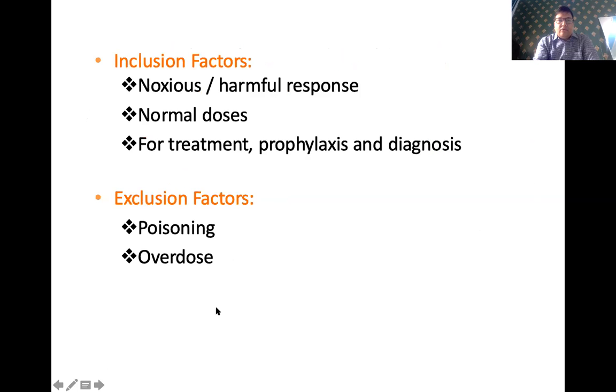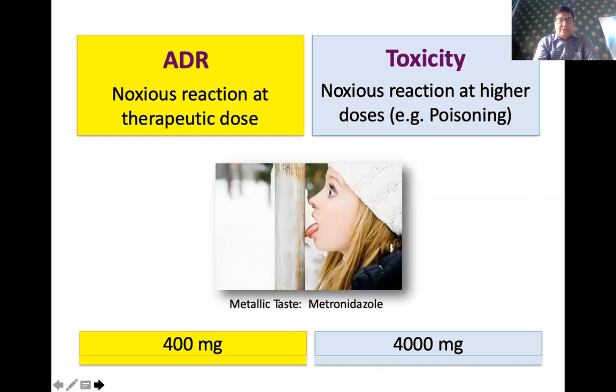The inclusion factors are that it should be a noxious or harmful response which occurs at a normal dose, with the drug used for treatment, prophylaxis, or diagnosis. What are the exclusion factors? What we will not call an adverse drug reaction is poisoning or overdose, when the drug is being taken in larger doses.